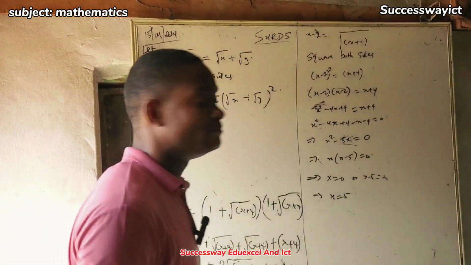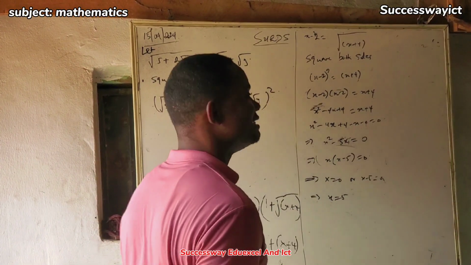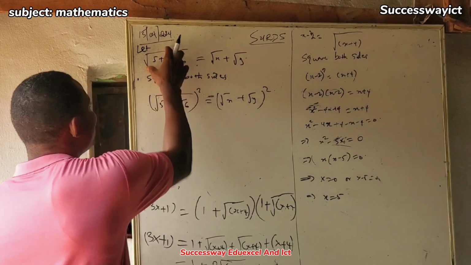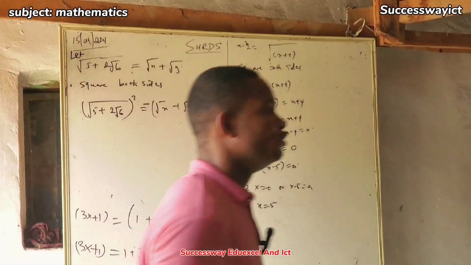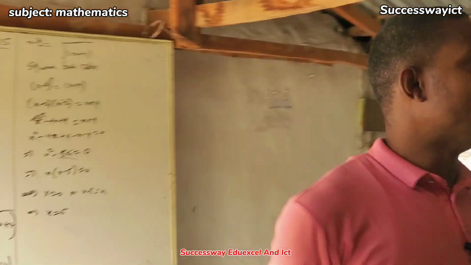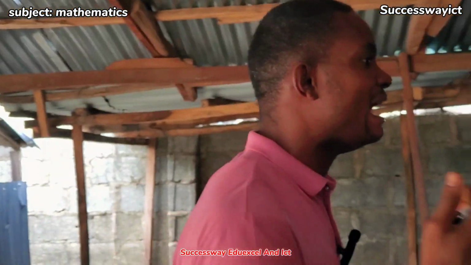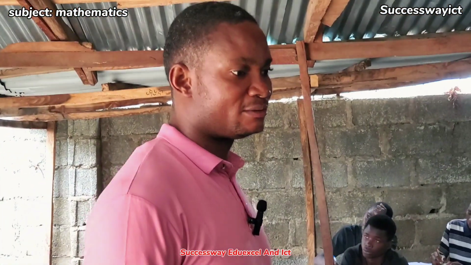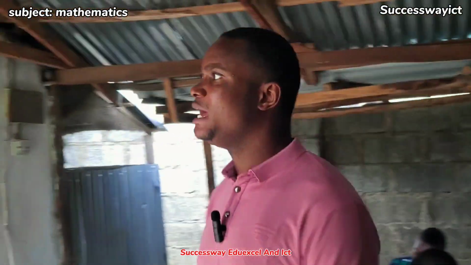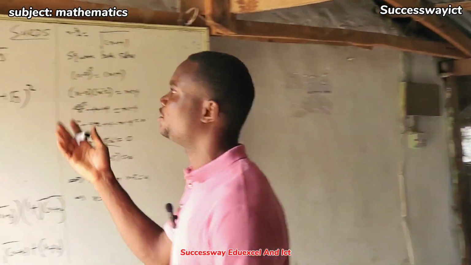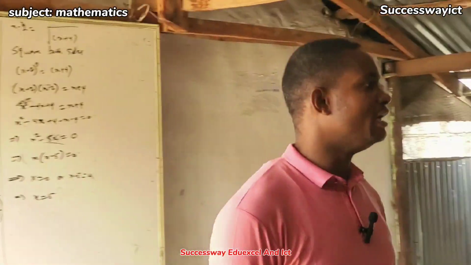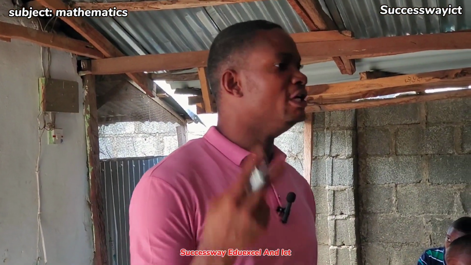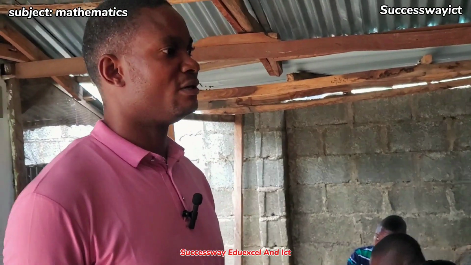All right. I said that they said simplify this. What they're telling you is that you should break this down into smaller independent surds. Since we are having two expressions here, 5 plus 2 root 6, in trying to break this down, it's going to be two different surds.